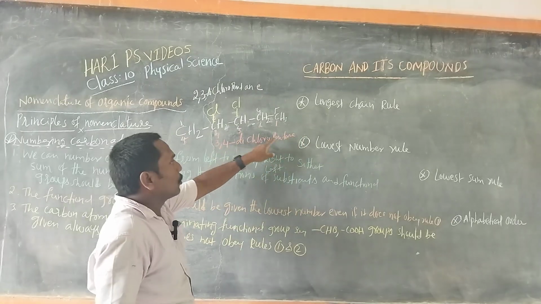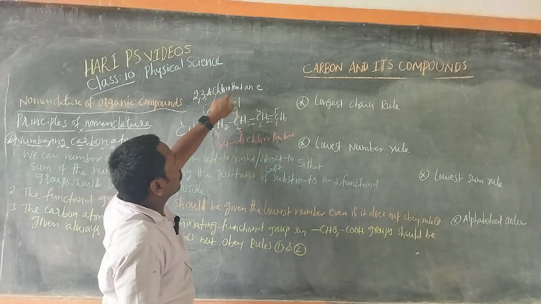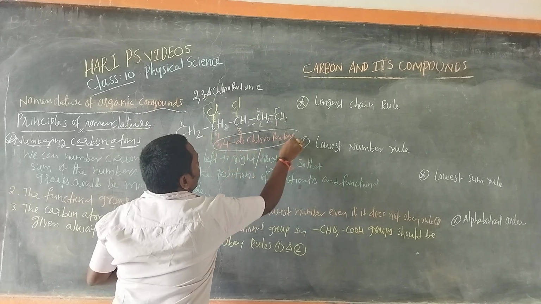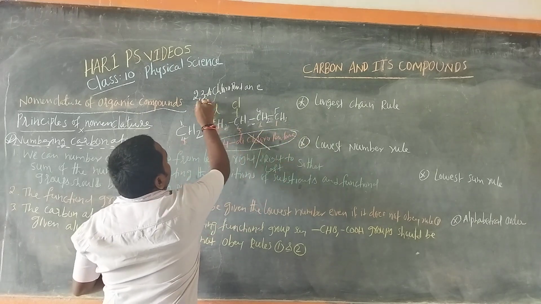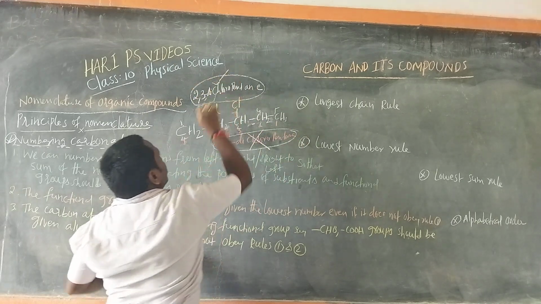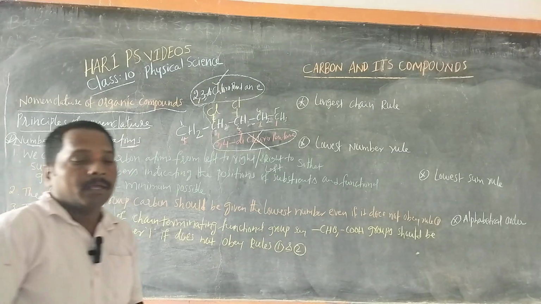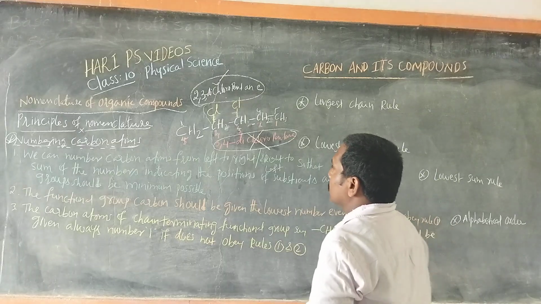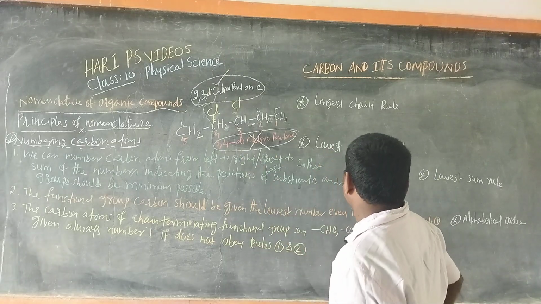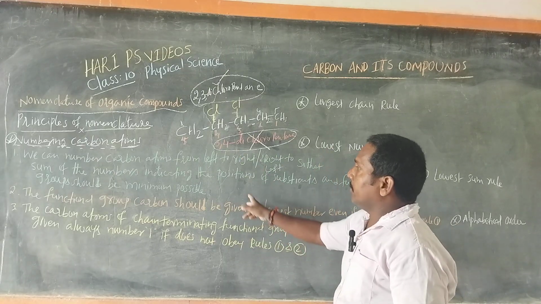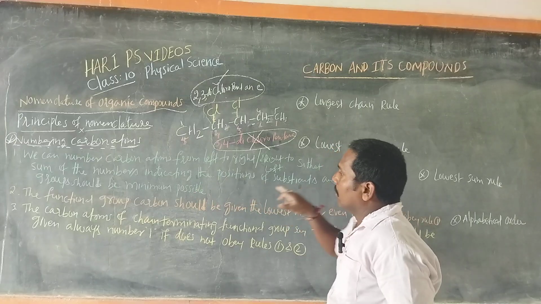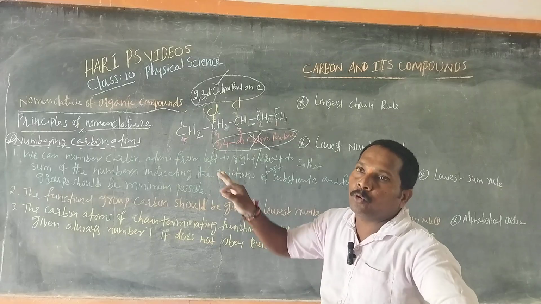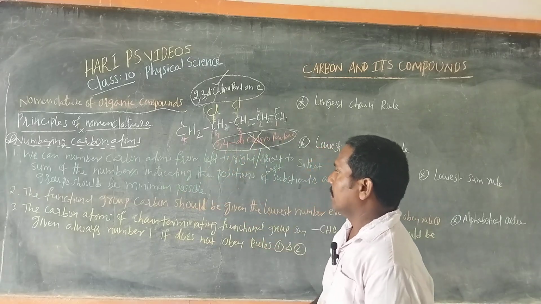So 3,4-dichloropentane or 2,3-dichloropentane? 3,4-dichloropentane is the wrong one. 2,3-dichloropentane is the right one, because the carbon which has substituents must have the lowest possible number. Minimum lowest number should be there.